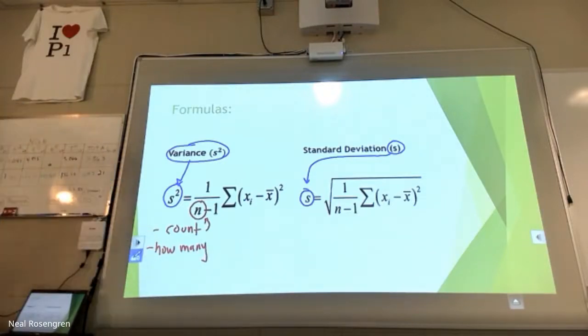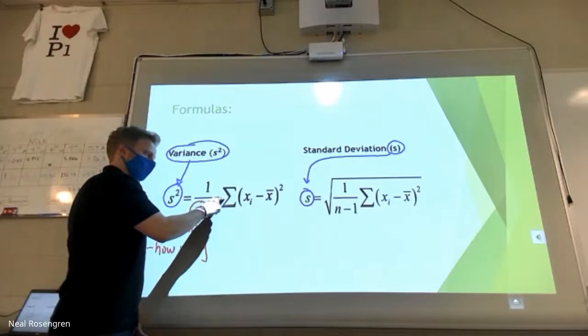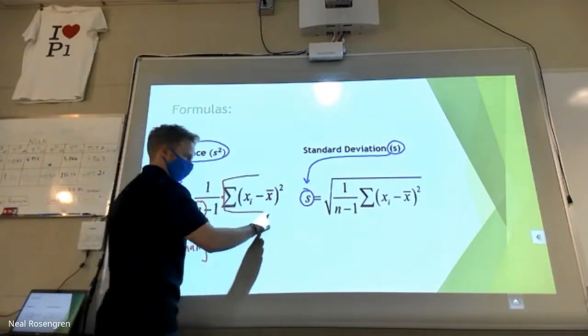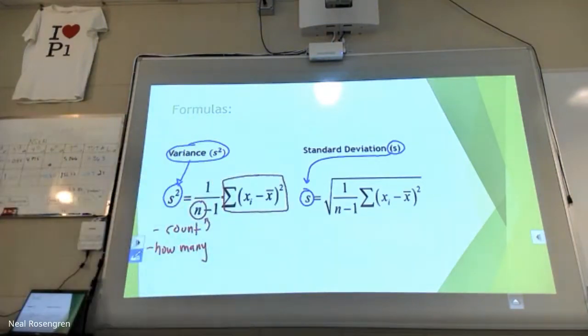But look, it's n minus 1. So we're going to just take one away. That actually takes out some of the error in our calculations. Now, this is going to be multiplied by some stuff. You don't have all this stuff perfectly understood today the first time, but I just want to introduce you to some of these things.